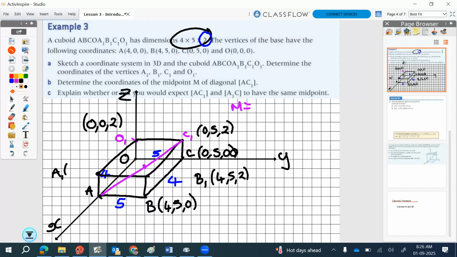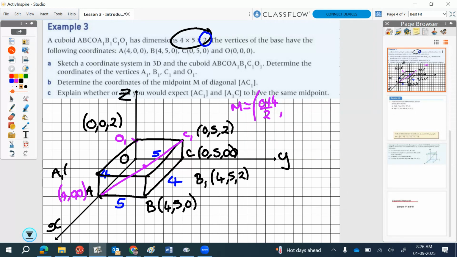which is going to be, we need each set of coordinates. So A is at, sorry, A is at 4, 0, 0. And C1 is at 0, 5, 2. So the average between 4 and 0, so we need 0 plus 4 over 2.